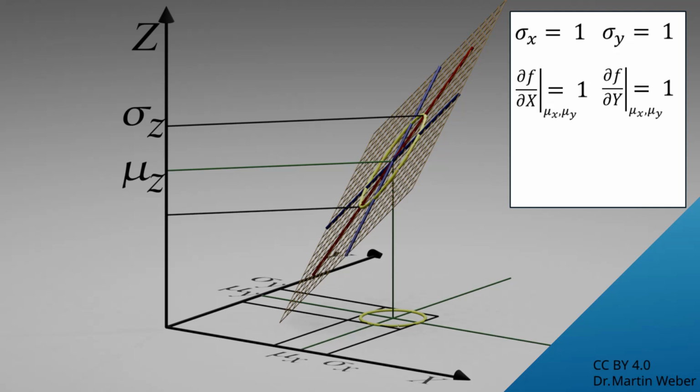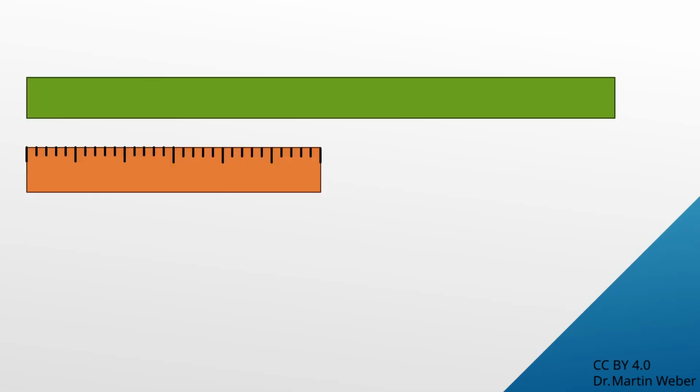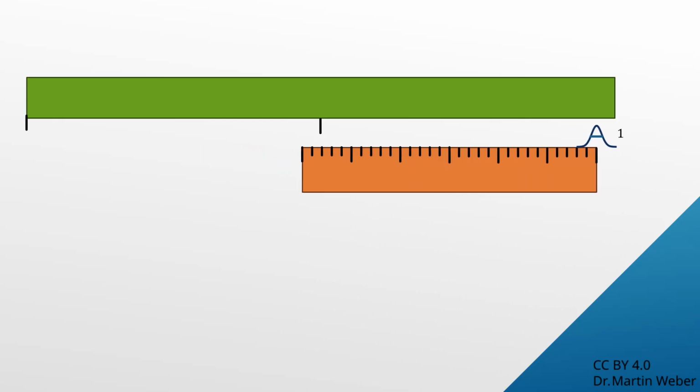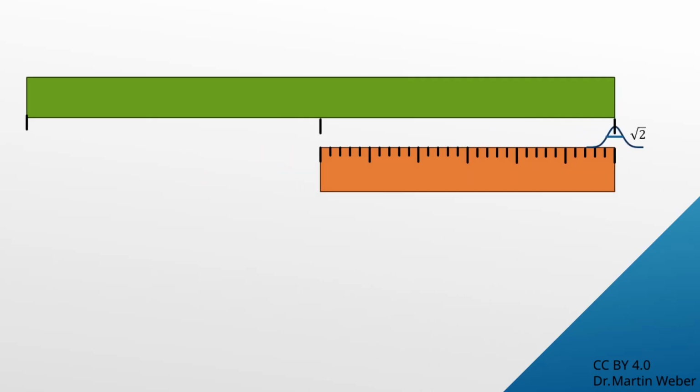The final calculation gives a value of square root of 2, which is also the value of the steepest slope. One example of an uncorrelated case is measuring with a ruler with random and therefore uncorrelated uncertainty when reading the ruler. Therefore, when measuring twice, the uncertainty will be the root mean square.